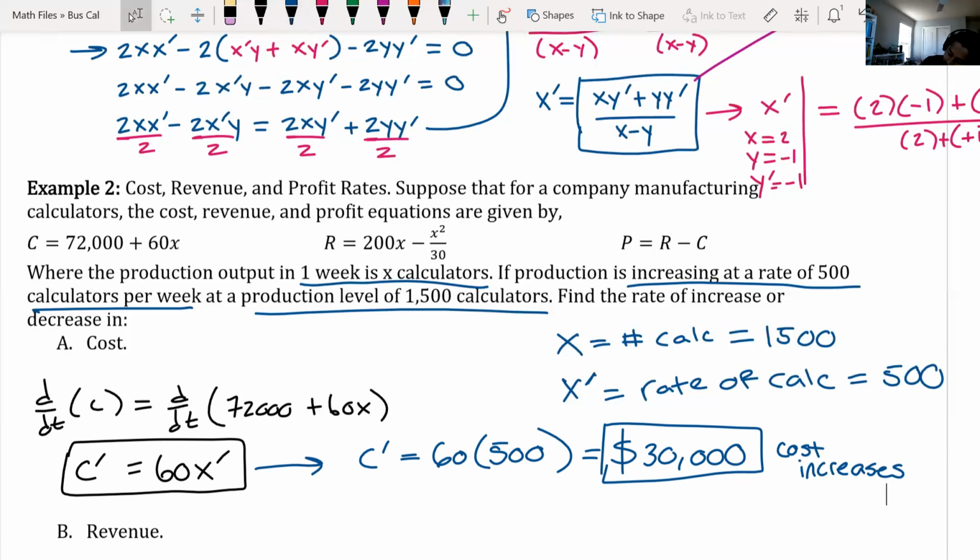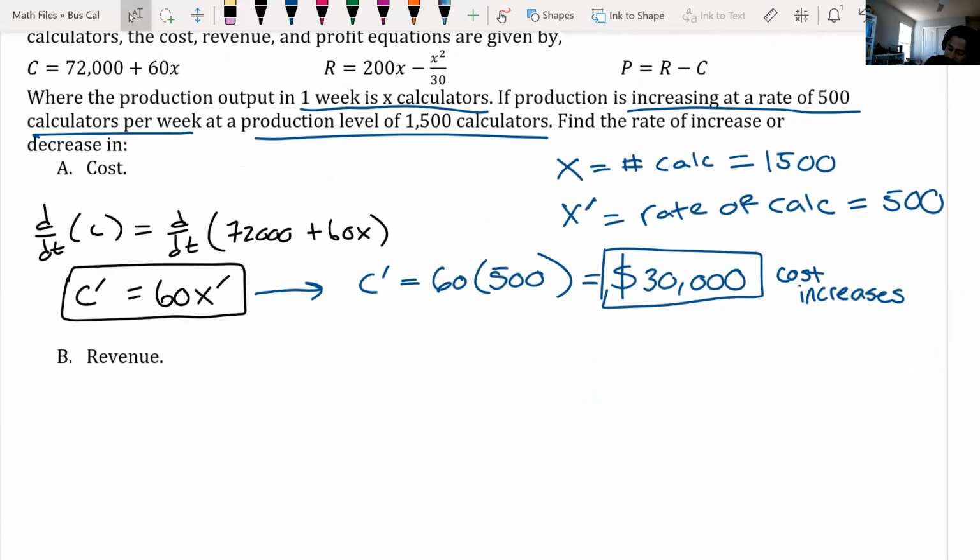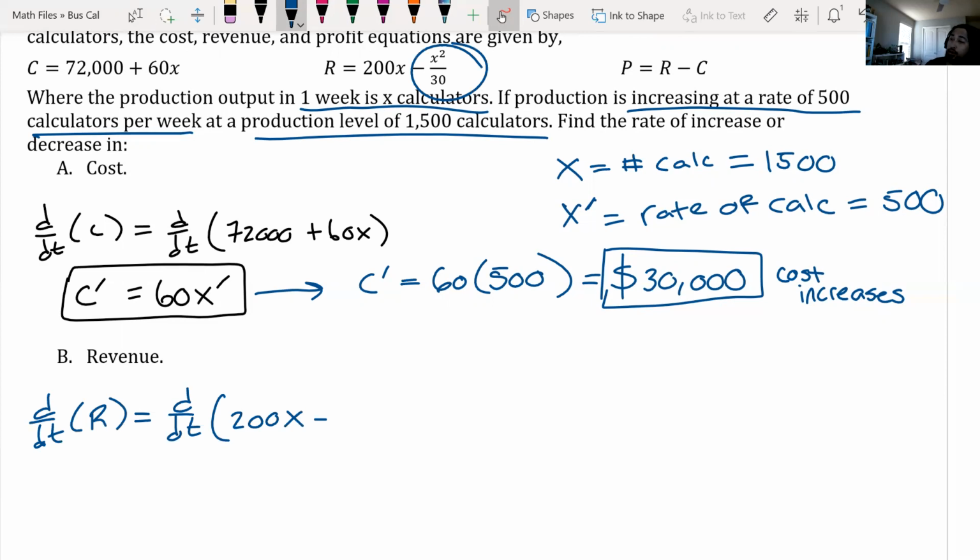Okay, there's that. Now let's do the same for the revenue. So now we're going to say d over dt of R is equal to d over dt of 200x minus, and this x squared over 30, I'm going to rewrite it as 1 over 30 times x squared.